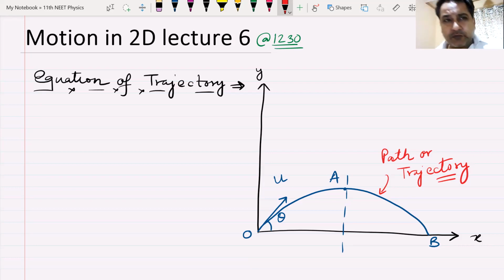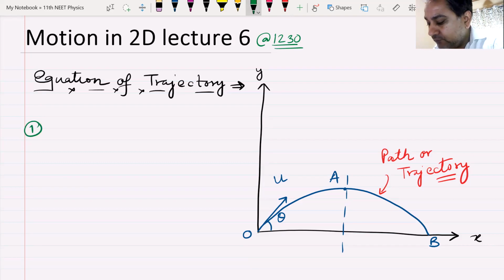Am I clear? If you understand the meaning of the word trajectory now, trajectory simply means path. Trajectory of a projectile simply means its path. Am I clear? Right? Now, let us take an example.